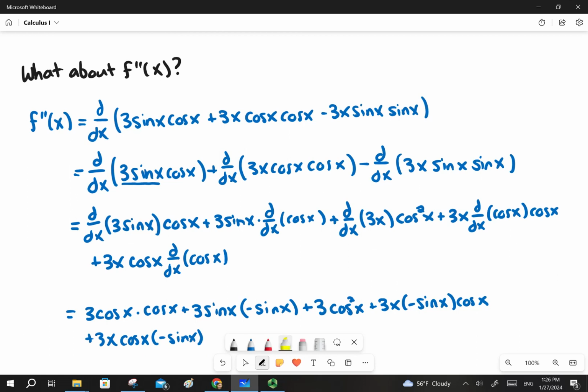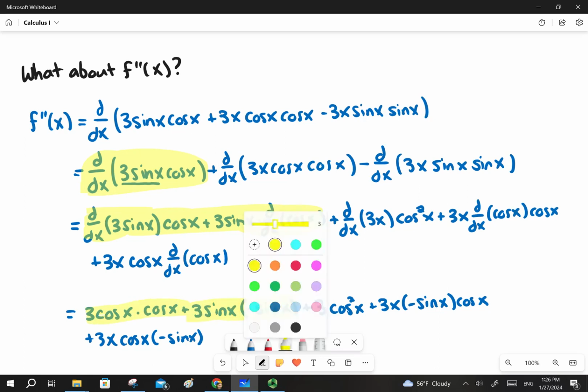And just to help a little bit, because this is getting long, to say the least, I'm going to use some highlighting here to clarify where everything is coming from. So the derivative of 3 sine x cosine x gave us our first two terms, which ended up being our 3 cosine x cosine x plus 3 sine x times minus sine of x.